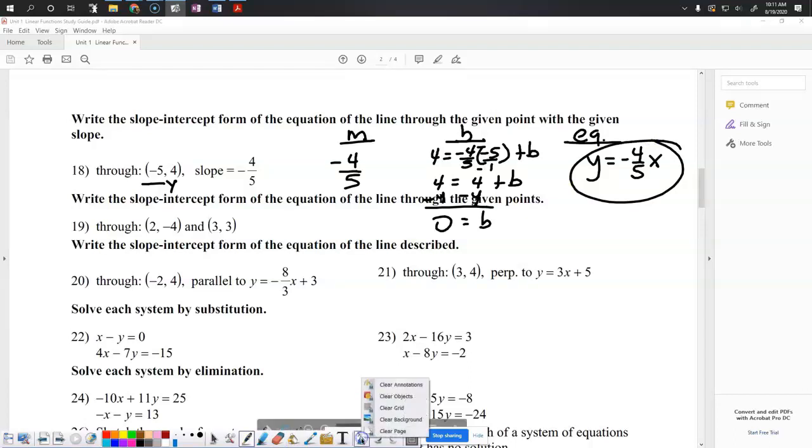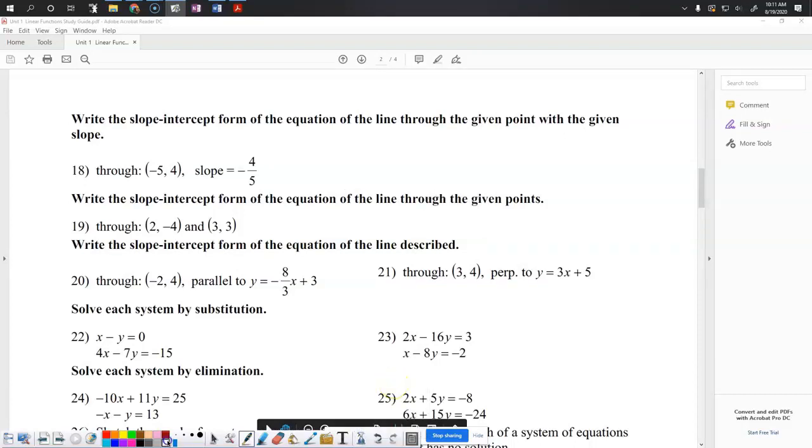Let's go ahead and take a look at number 19 now. So same thing, we want to find the slope-intercept form of the equation there.